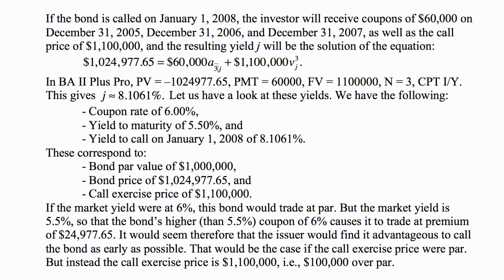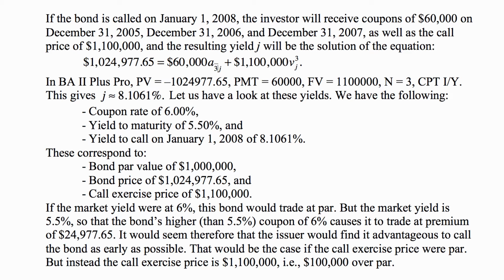If the market yield were at 6%, the bond would trade at par, but the market yield is 5.5, so that the coupon of 6%, higher than 5.5%, causes it to trade at a premium of 24,977.65.